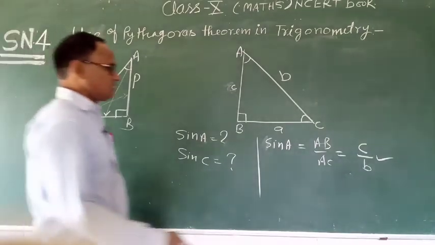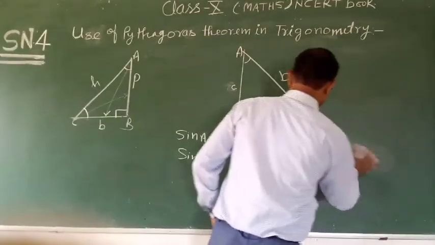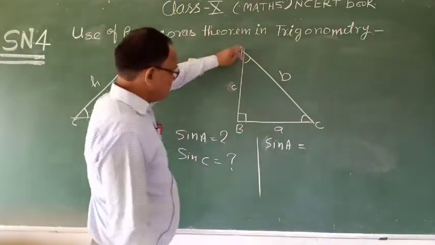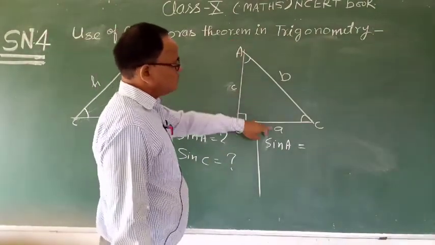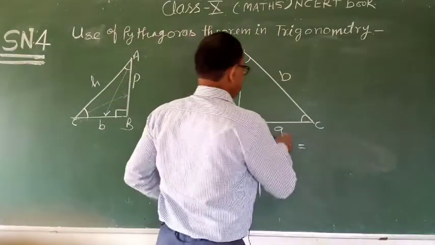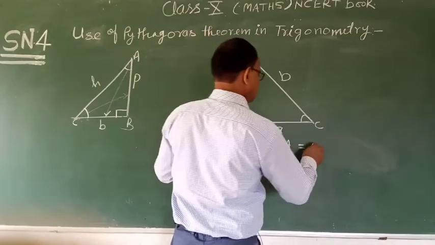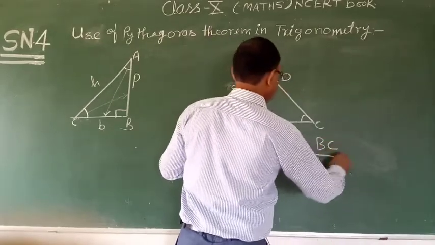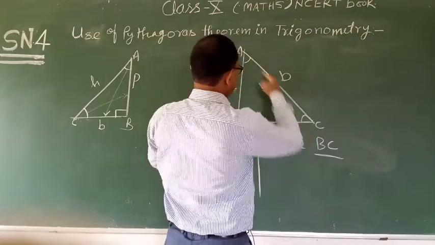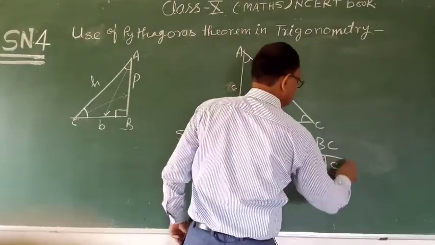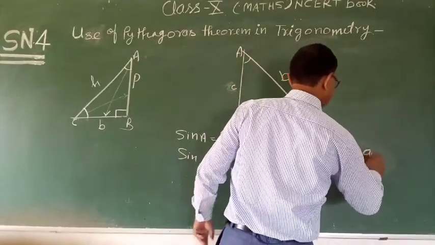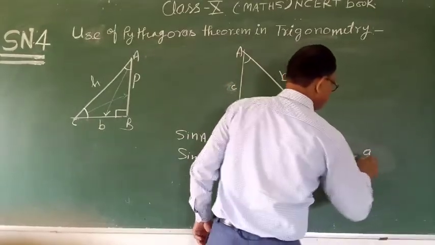If you take sin A, then this is the base and this is the perpendicular line. Then BC by AC, which is equal to a by b.